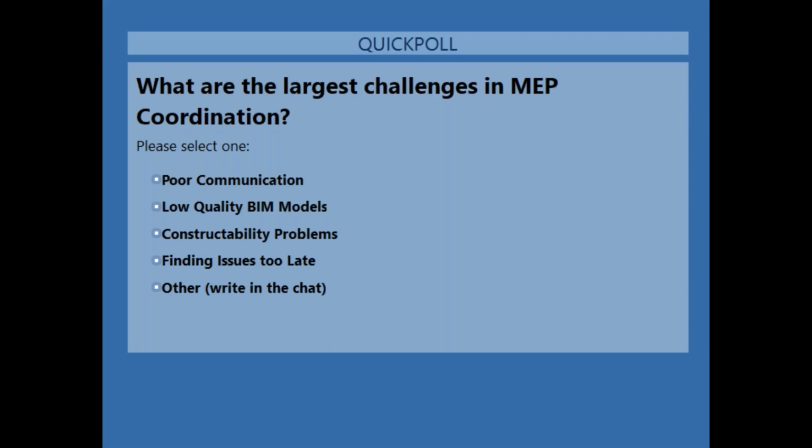Okay, we have more votes for this question. Interesting. It seems now that most of the votes are going towards low quality BIM models. All right, let me share with you the results.